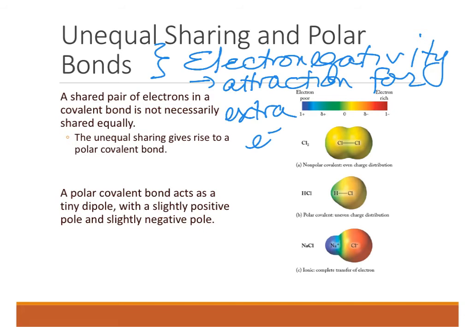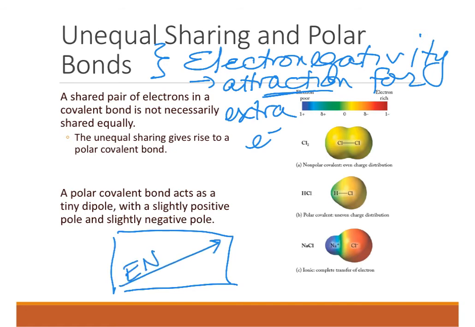Somewhat vaguely related to electron affinity, but still significantly different. Electron affinity is the energy to actually take on an extra electron. This is just the level of attraction for extra electrons. So it's important to keep in mind, if you look at the periodic table, that electronegativity increases going towards the fluorine atom.